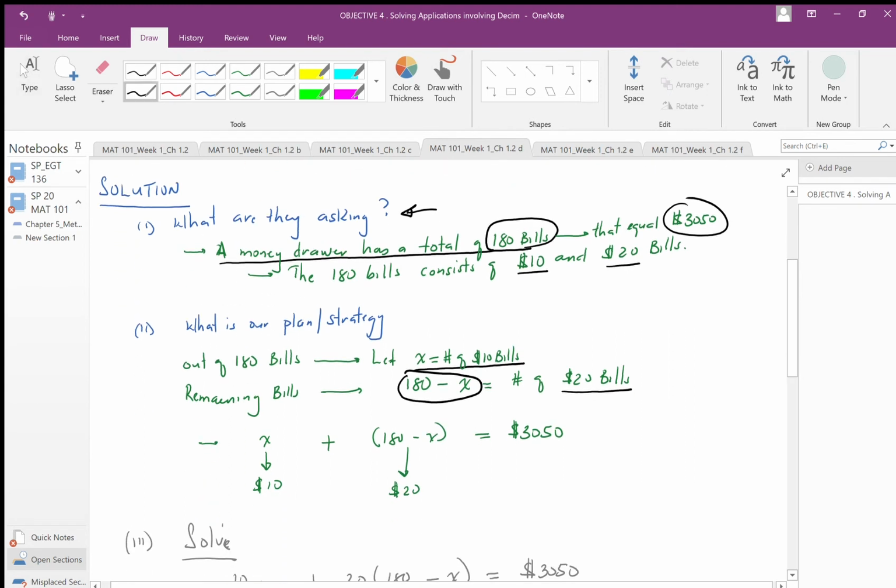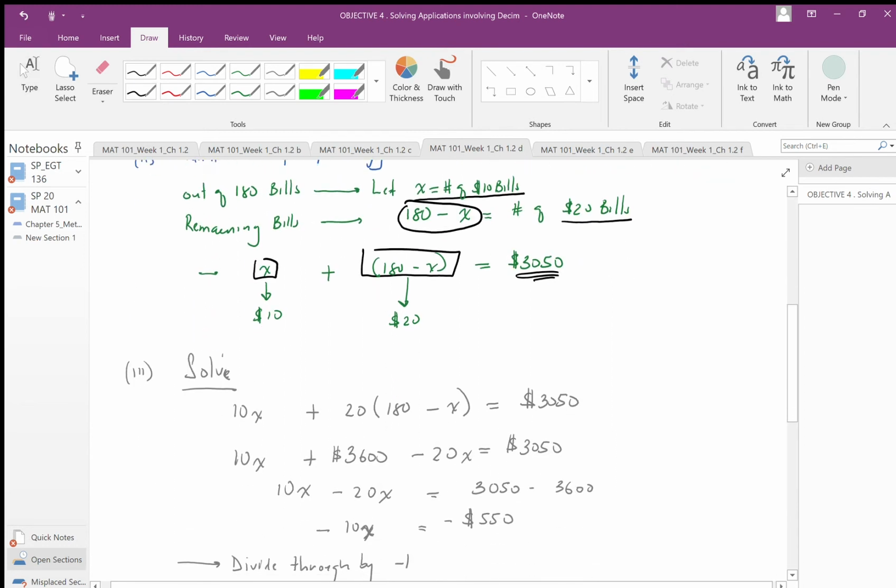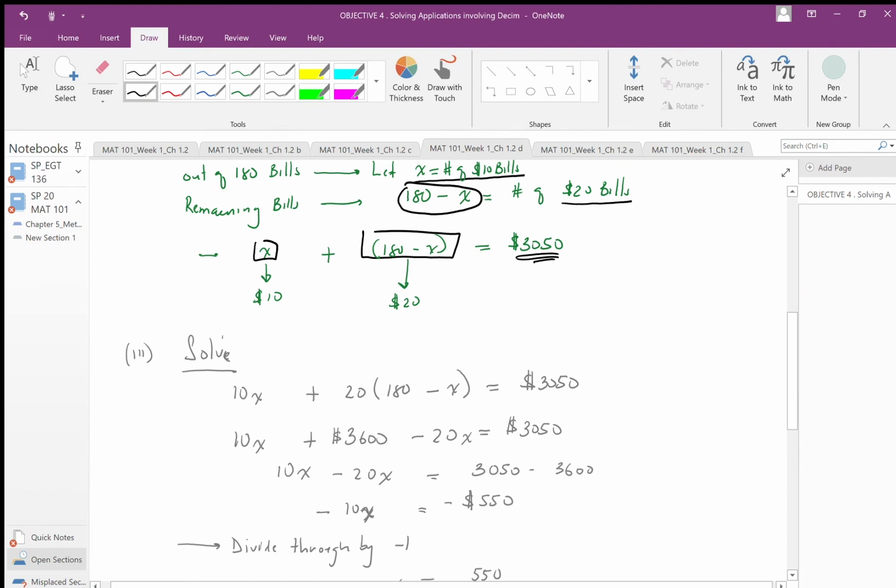So we can say X, which we equate to $10 bills, plus 180 minus X will give us the total number of bills, 180 bills, which is $3,050. So when we do this, we can do the math. Right?